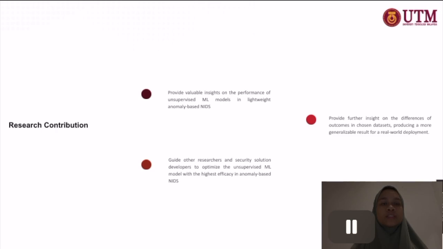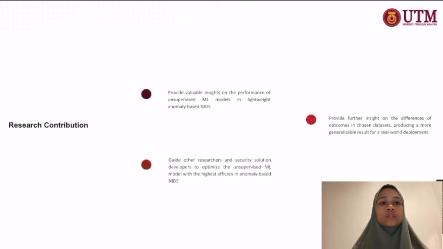This study will contribute in providing valuable insights on the performance of the chosen unsupervised ML models in a lightweight anomaly-based NIDS. The outcome of this study is intended to guide other researchers and security solution developers to optimize the best unsupervised ML model in the study with the highest efficacy for a more accurate and robust anomaly-based NIDS that can seamlessly detect both known and unknown threats.